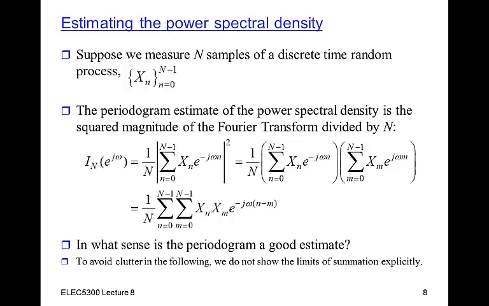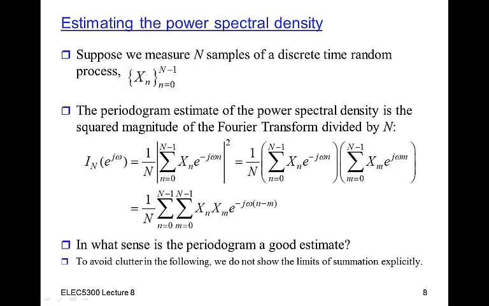In this case, we'll move our discussion to a discrete time random process, and we'll assume that we have N samples of a discrete time random process, x of n. Now remember that the power spectral density is kind of like the average squared magnitude of the Fourier transform.